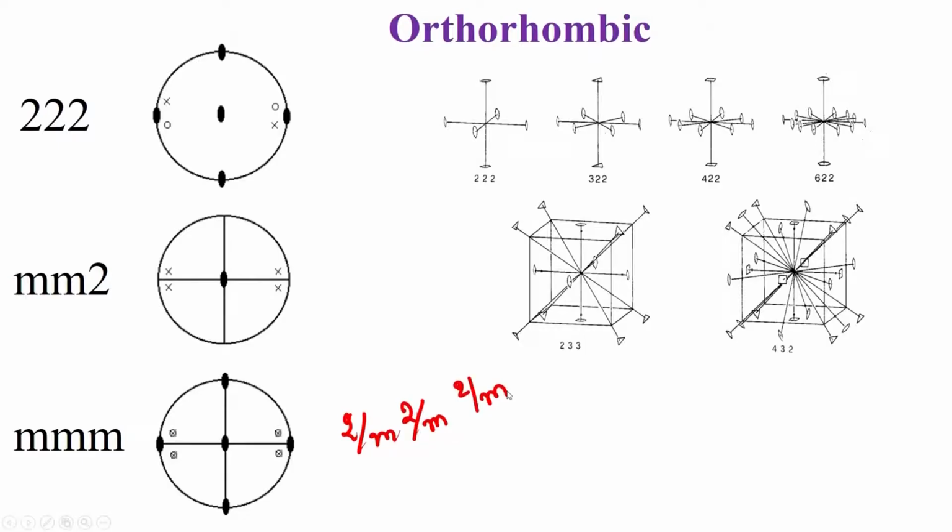So, there is a simultaneous operation of two-fold as well as the mirror, which we saw in the monoclinic case earlier on. So, a similar operation occurs here, and you now see that the number of equivalent points in case of 222 is 4, number of equivalent points in MM2 is 4, number of equivalent points in MMM is 8.